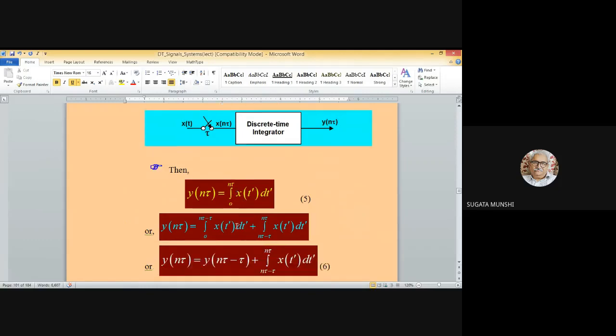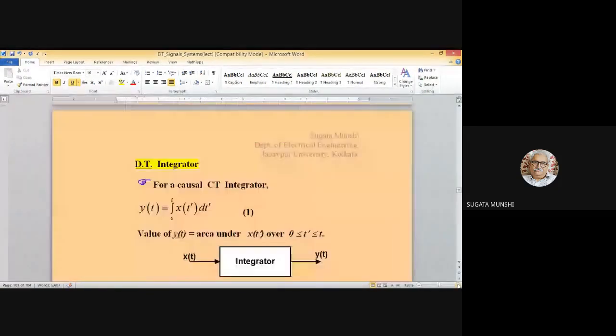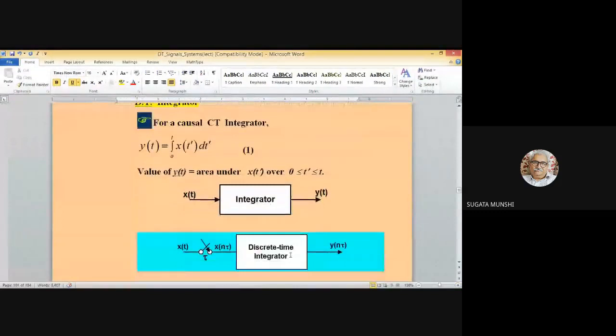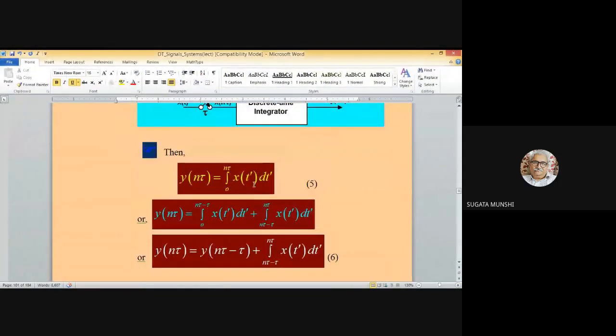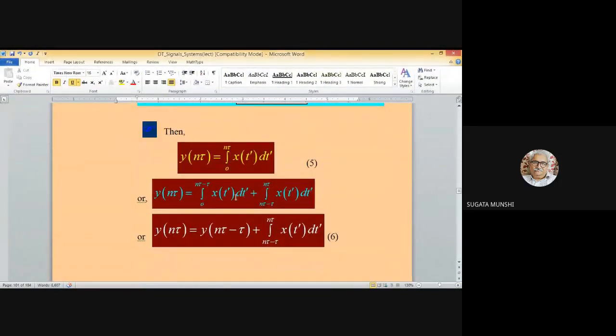Now that integration over the interval of integration, you can split it up into two parts. One will be the integral of x(t') from 0 to n tau minus tau.